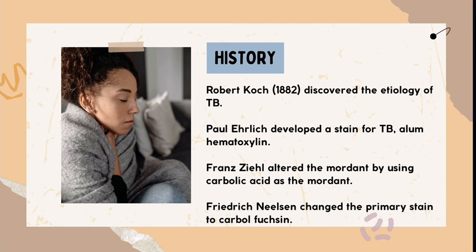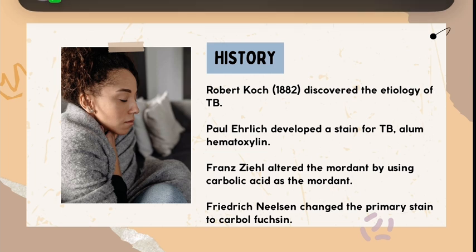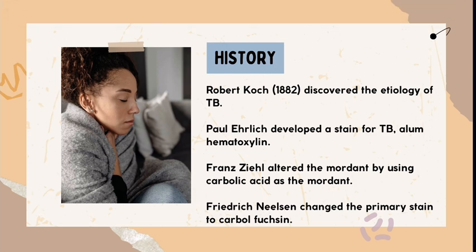That's why it gave birth to the Ziehl-Neelsen modification, the Ziehl-Neelsen stain. Another acid-fast stain was developed by Joseph Kinyoun using the Ziehl-Neelsen staining technique but removing the heating step from the procedure. This stain is now the so-called Kinyoun stain.